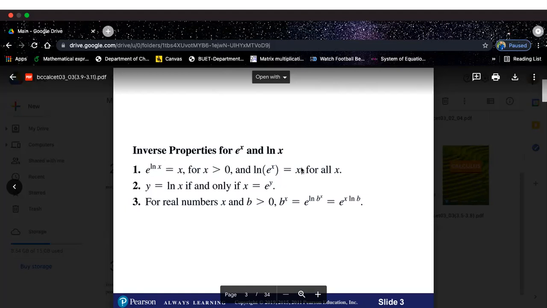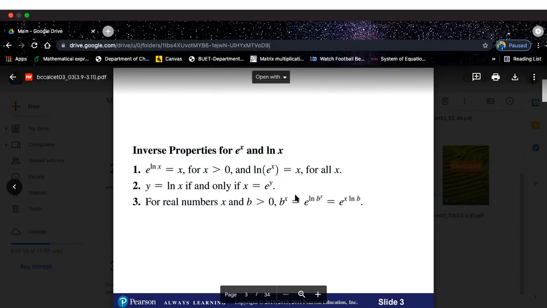What's the next one? This is one of the most important properties of the natural logarithm. We have been using it already in algebra class because I just finished teaching algebra this spring, and we have used this several times there.